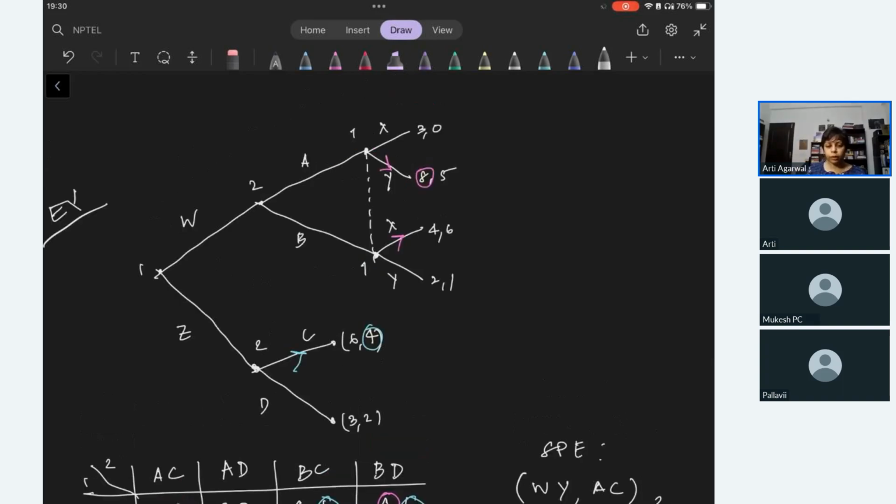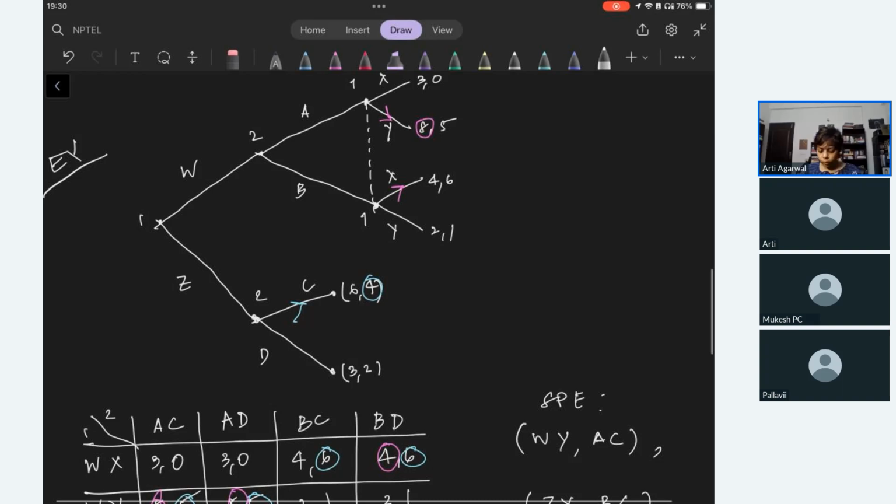So if 2 is choosing B, then 1 is not going to play Y, it is going to play X. So this part you still need to keep in mind. I remembered in the break that I forgot to mark it in the game tree, so I just wanted to point that out.